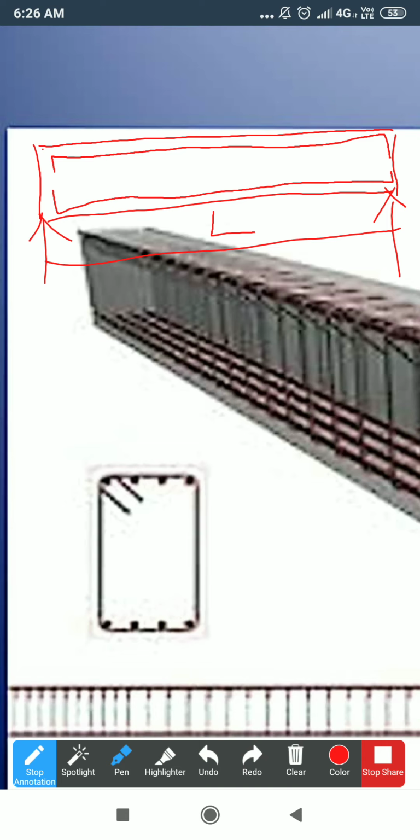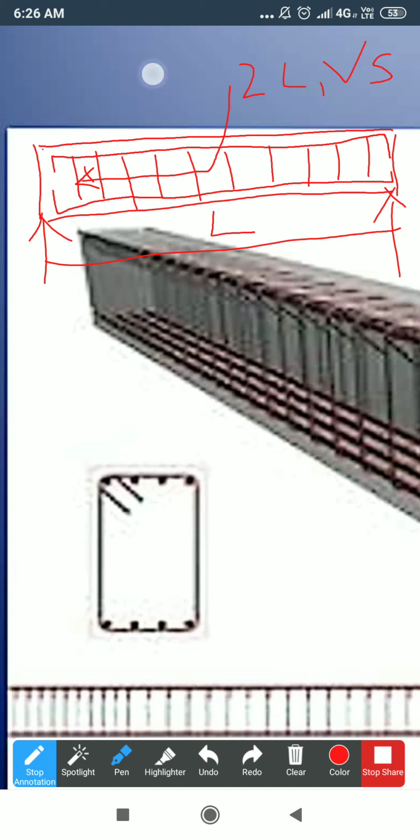Next you can see the two-legged stirrups. You can draw the two-legged stirrups like this. After this you can draw the reinforcement details. It is an example of two-legged vertical stirrups, so whatever spacing is given, you can write it down.